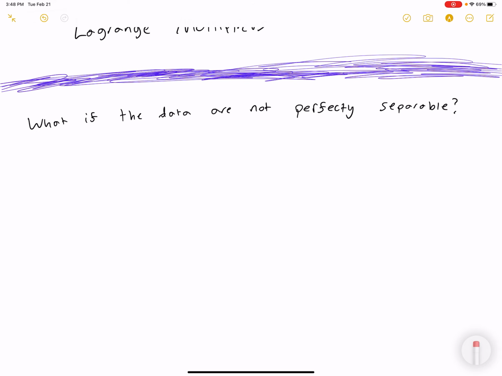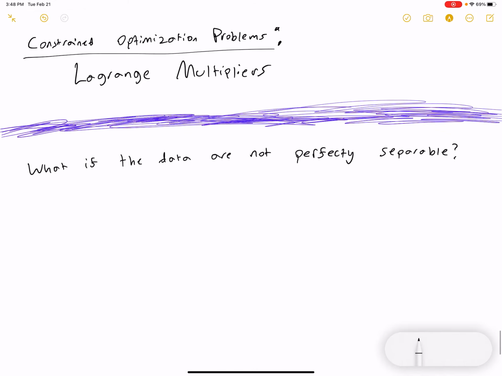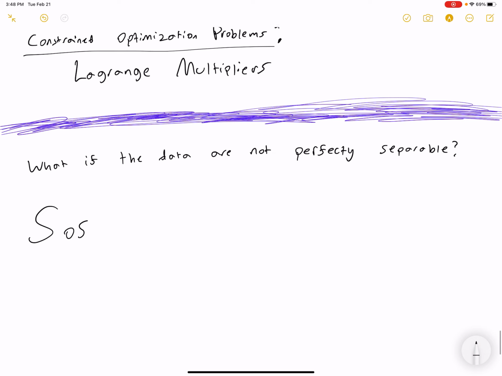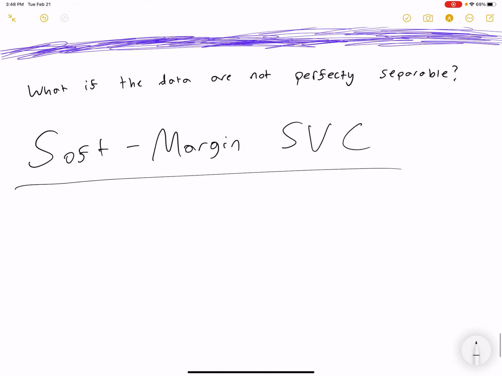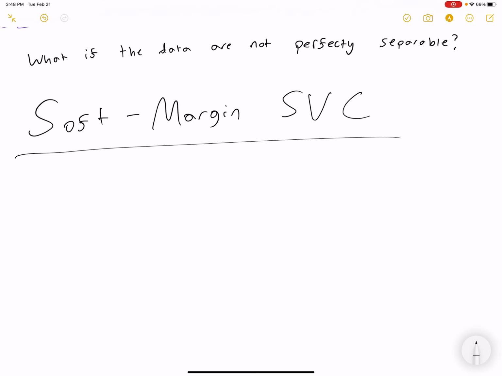So we can make a tiny modification to hard margin SVMs to get what's called a soft margin SVM. Oh, by the way, now you know everything you need for homework 3, because that just asks about hard margin SVMs. But good to know about this stuff too. So a soft margin SVC allows for misclassifications but penalizes them.